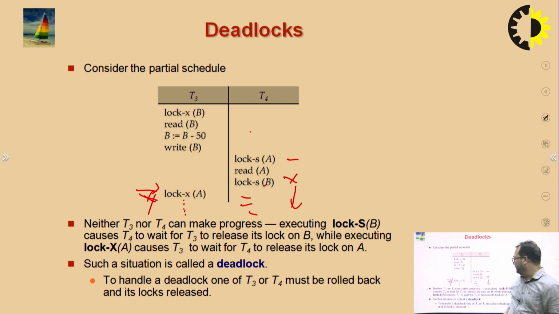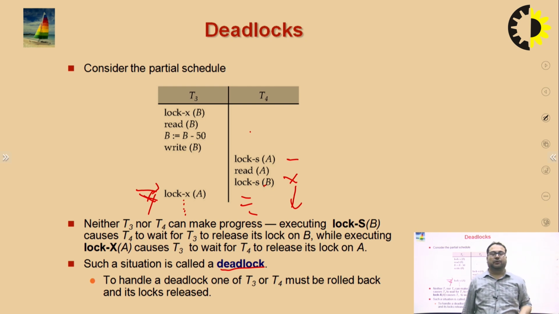Such a situation is called a deadlock. This is one of the drawbacks of the two-phase locking protocol. The two-phase locking protocol doesn't ensure deadlock-free transactions.